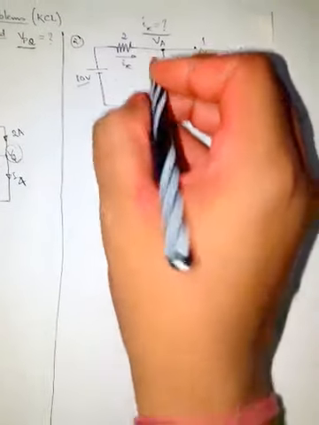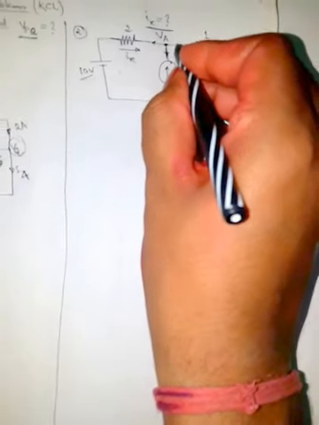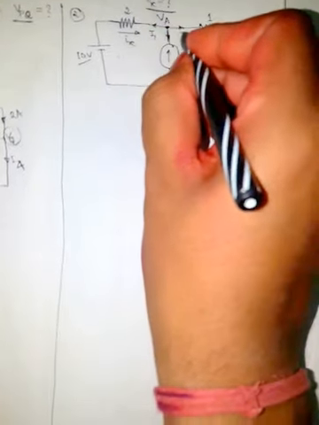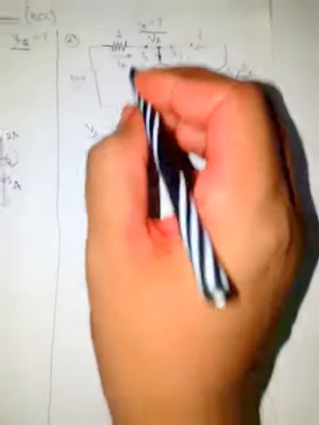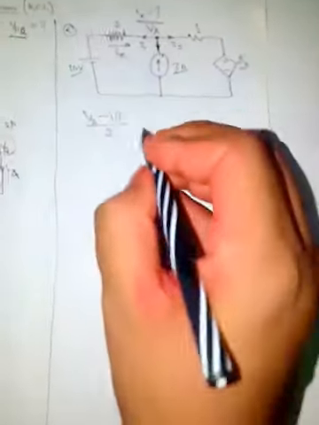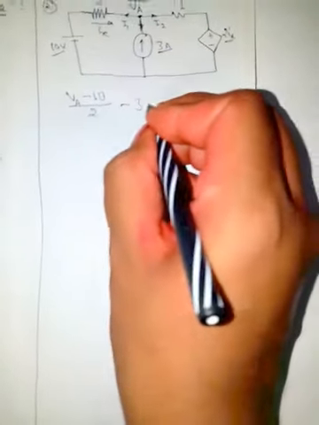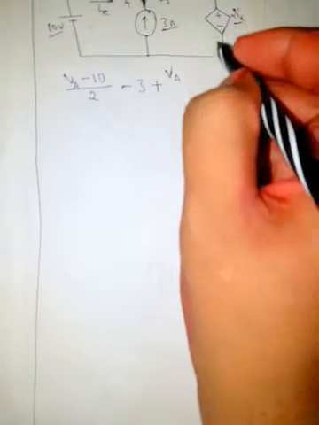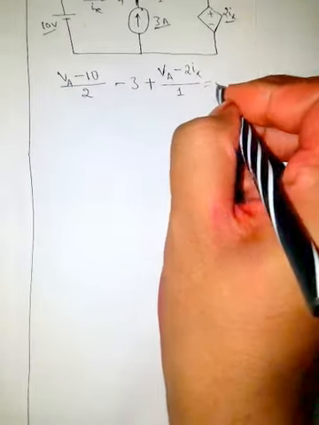So this is I1, this is I2, and here the current is 3 ampere. So VA minus 10 by 2, minus 3 ampere, as it is inward, plus VA minus 2Ix divided by 1 is equal to 0.